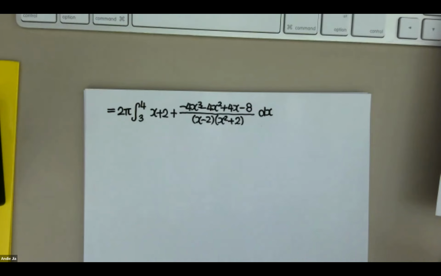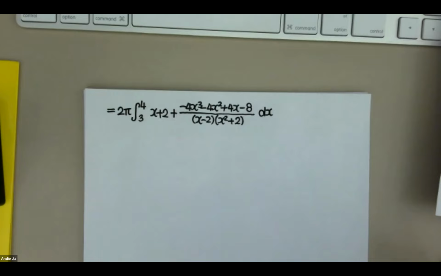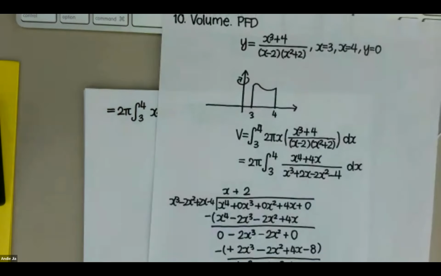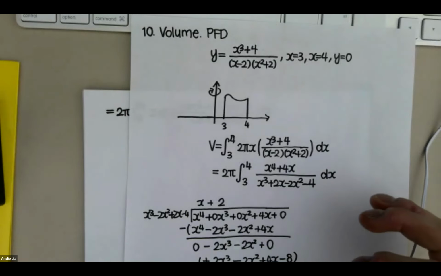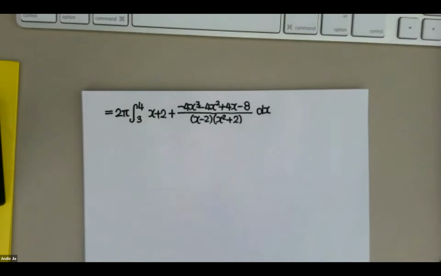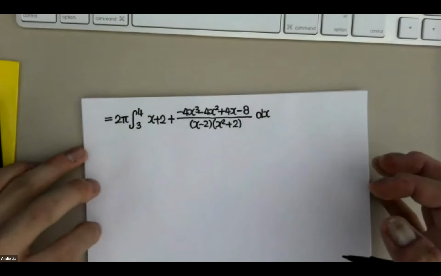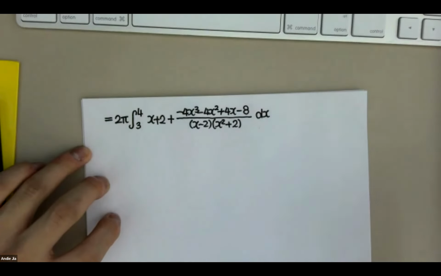2x squared minus 4x plus 4. Okay, I will see where I'm messing up. Oh, never mind. So if you guys want me to redo this long division, I can, but not now, okay?